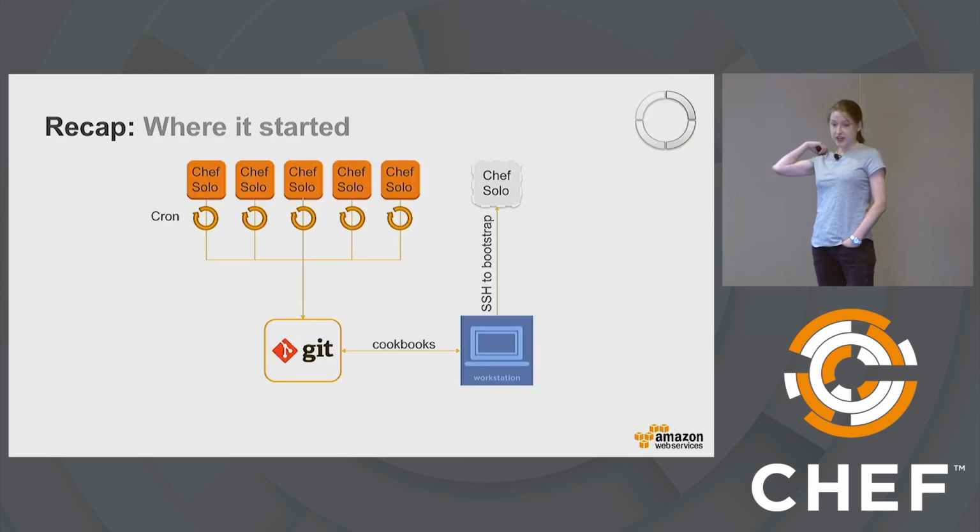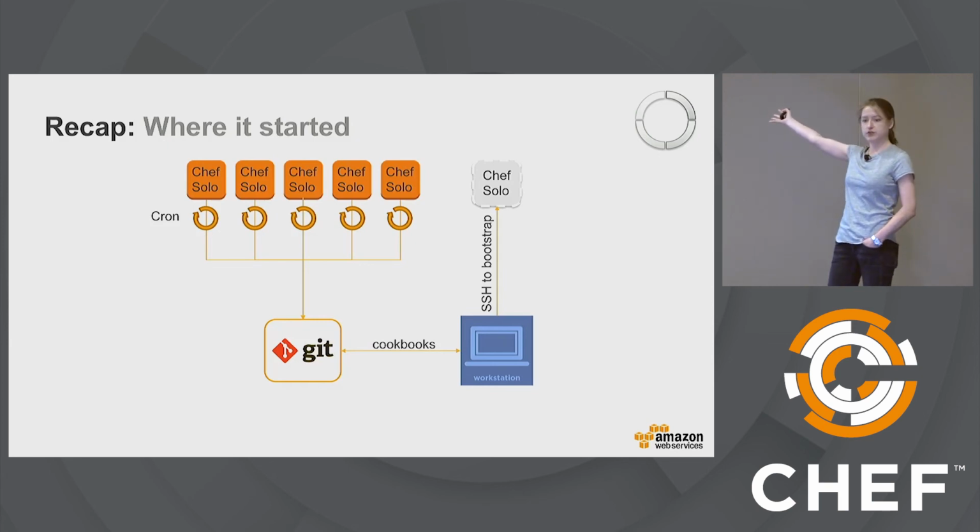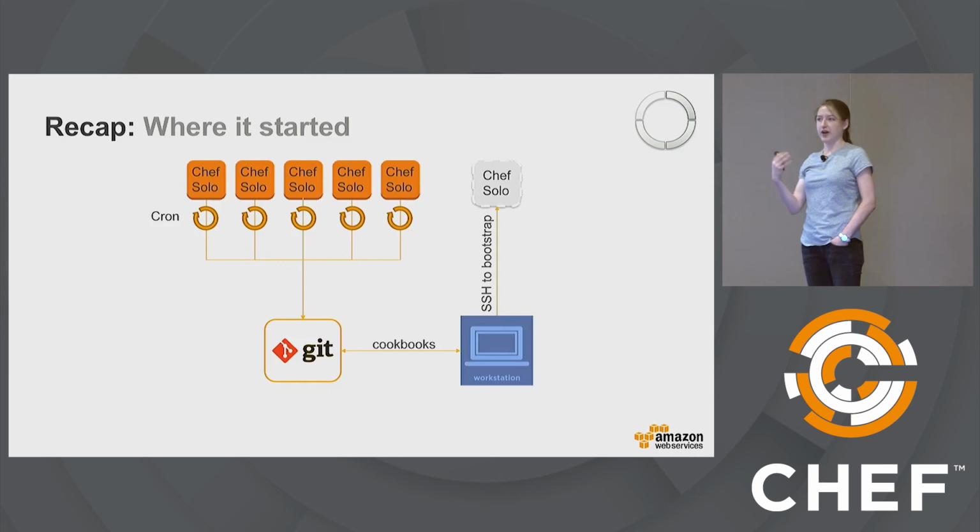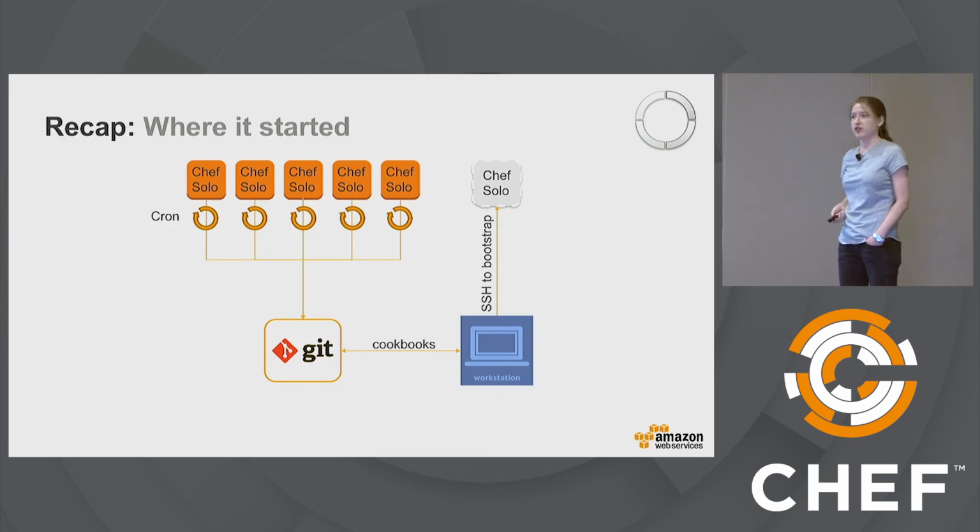So, just to recap, that's where we started. We have our really lonely nodes running Chef Solo, knowing nothing but what you actually told them, with maybe some shared files or configurations. You had your workstation, you had your cookbooks and Git.